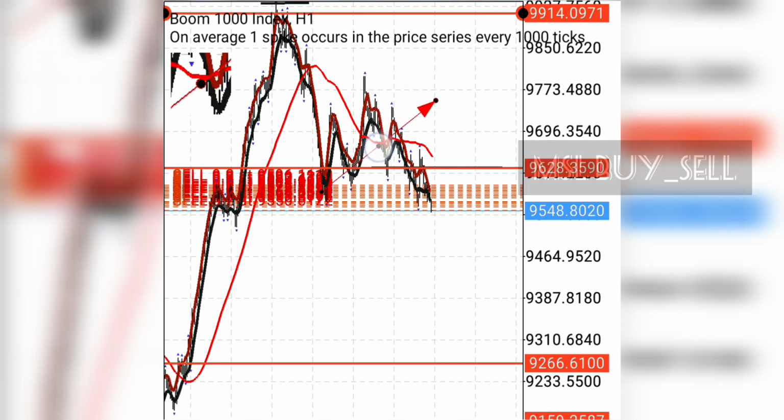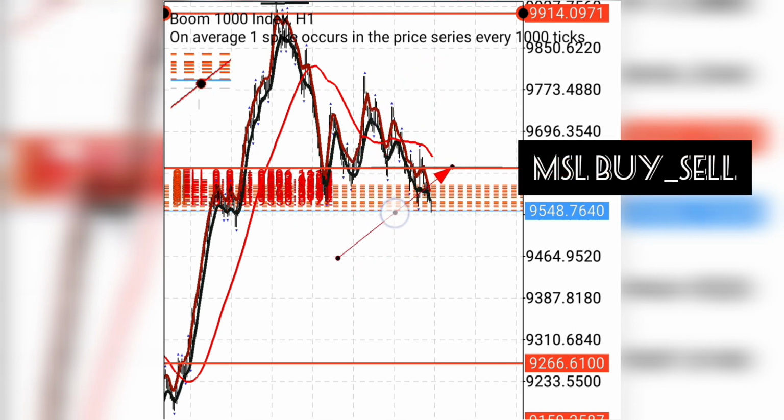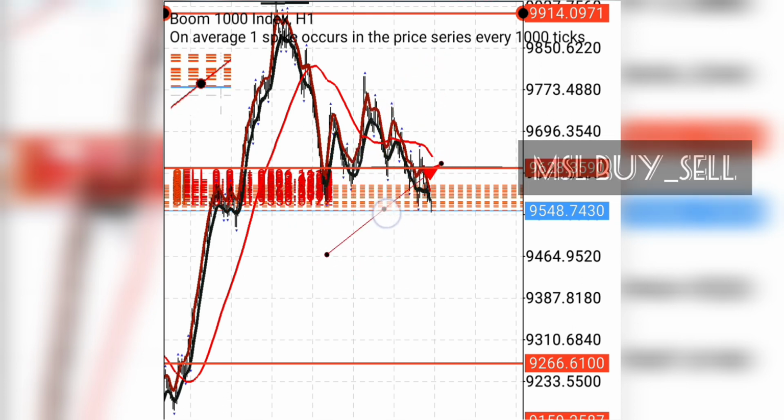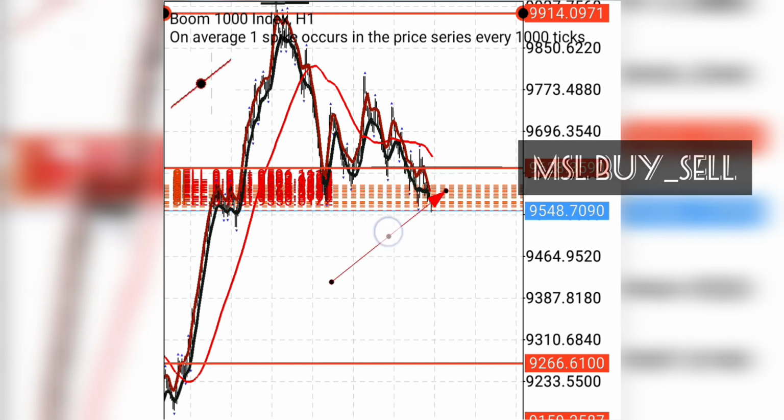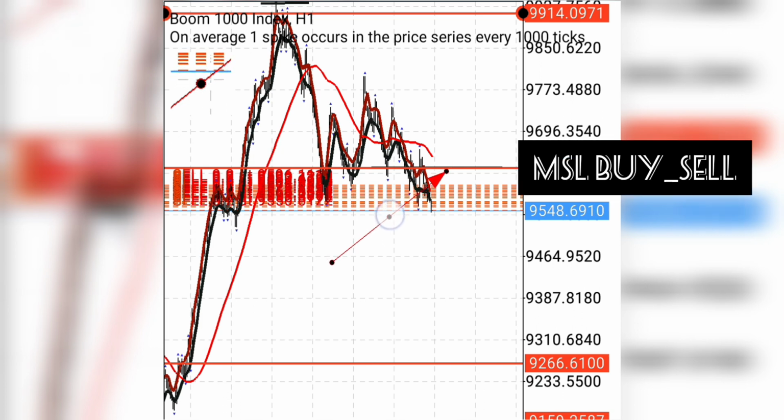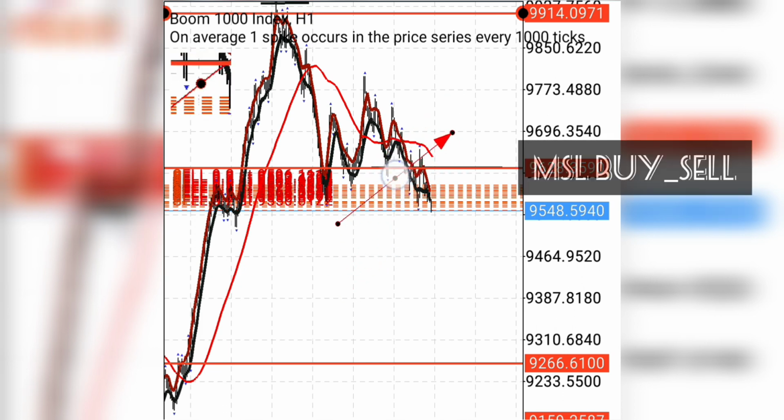Are you seeing it? So the robot is going to be the one to figure out the trend for you. But you're going to lose small money, maybe like $1, some cents, because you're using 0.2. That's why I say you use 0.2. So at any position it goes, you're going to be in profit.